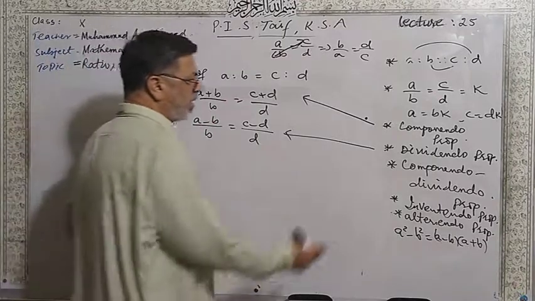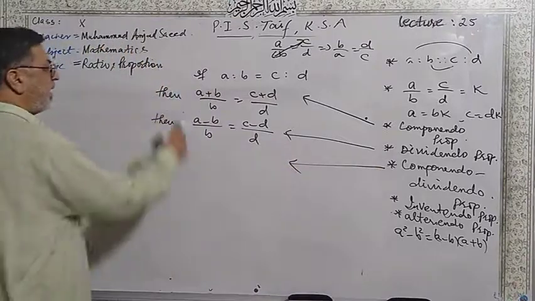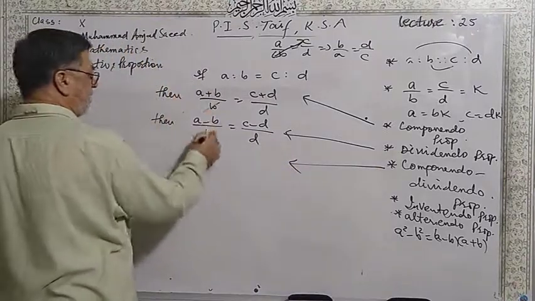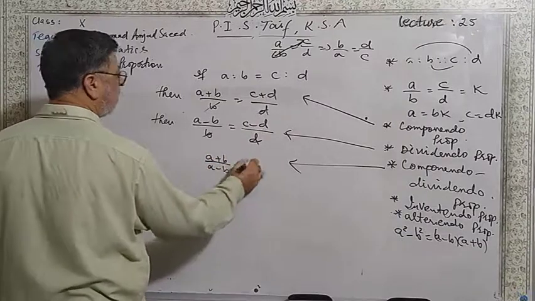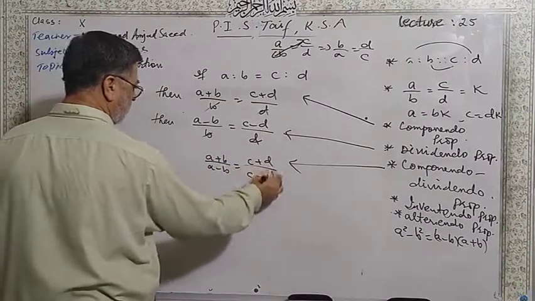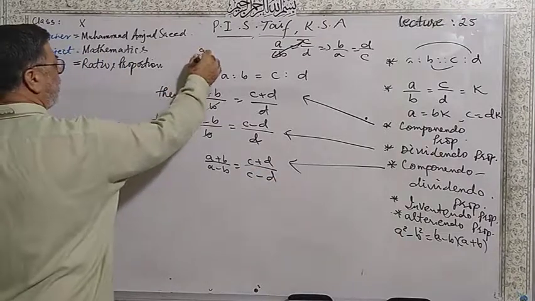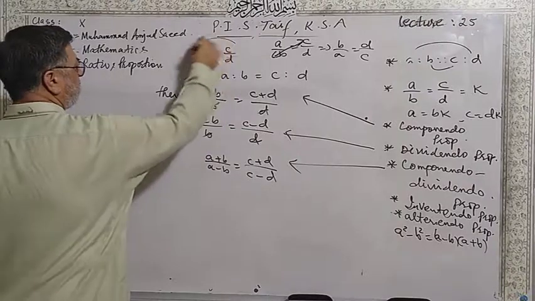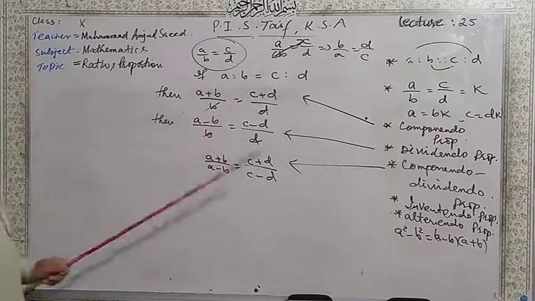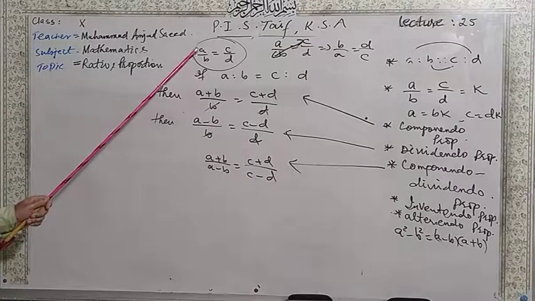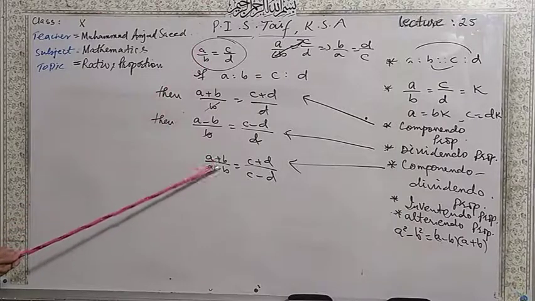After that, componendo and dividendo property both. Then divide first by second, B cancelled out. We are left with A plus B over A minus B equals C plus D over C minus D. Remember that here A over B is equal to C over D. In case of componendo and dividendo property, you will add denominator above and subtract denominator down.